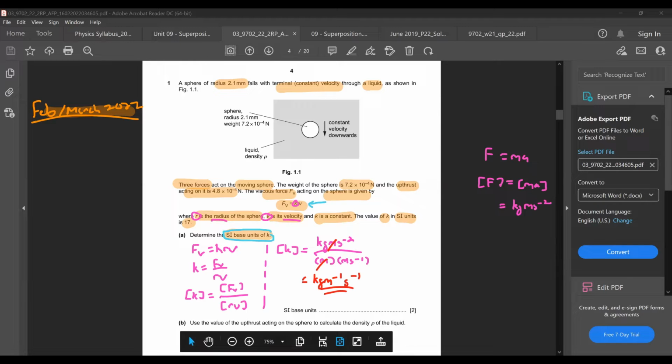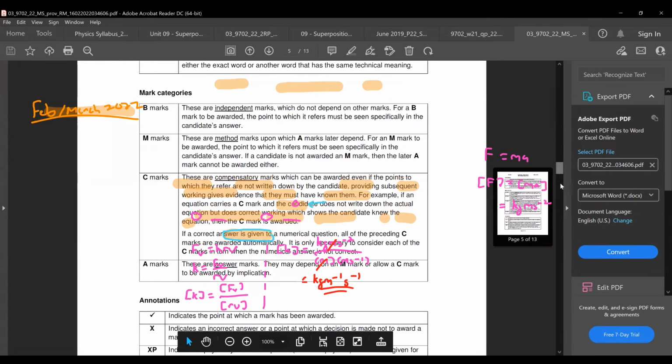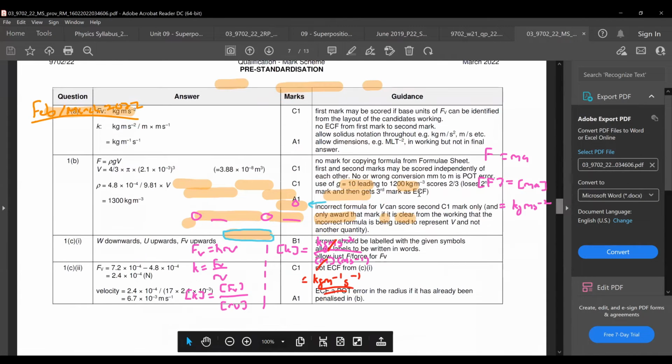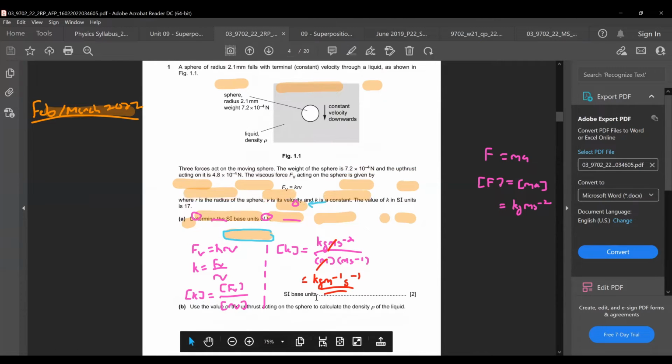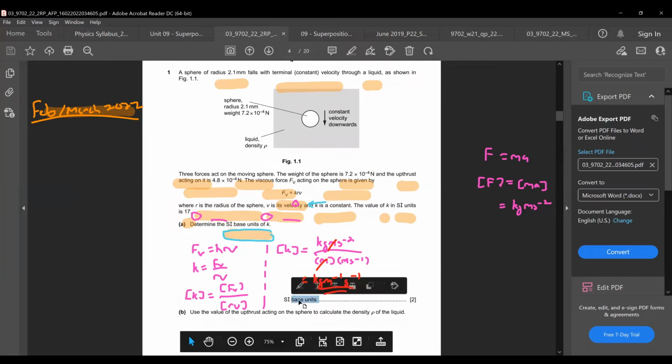So we just go through this one. Let's just check from there. Your answer will be kg, yeah, kg per meter per second. Okay, right. So this one, no issues here. Then after that, we move to the next part. Because they want SI base units, always ensure that it is in base units, all right?